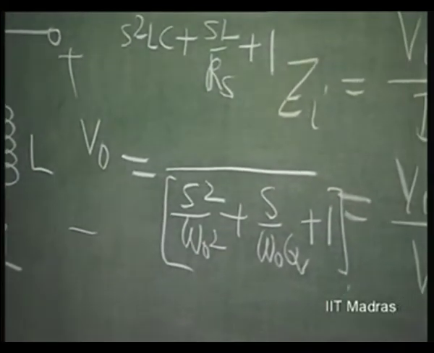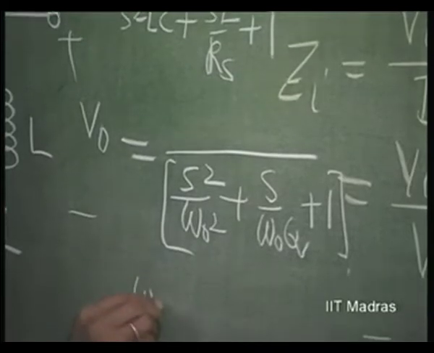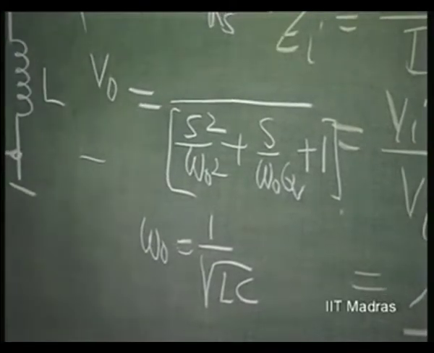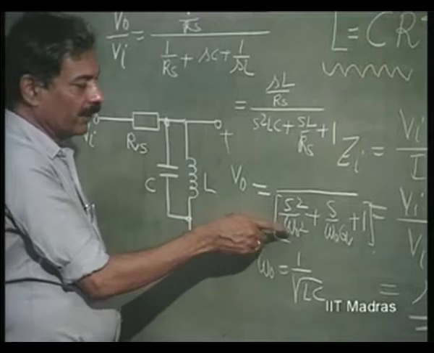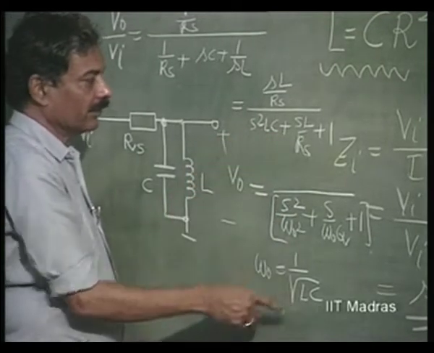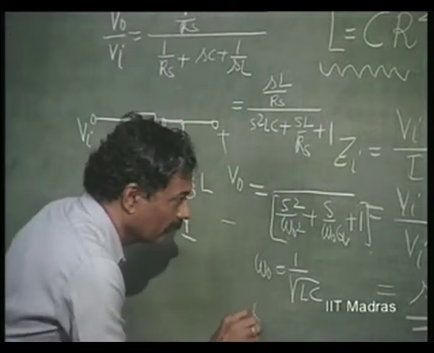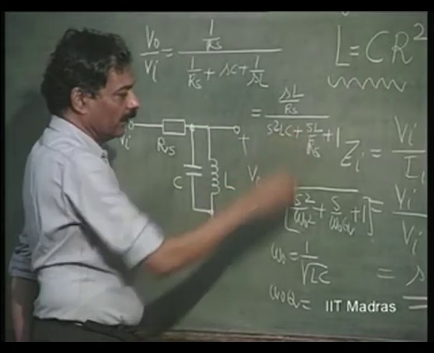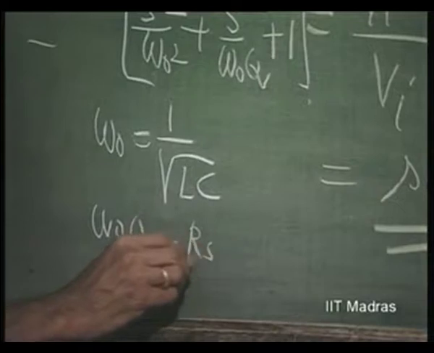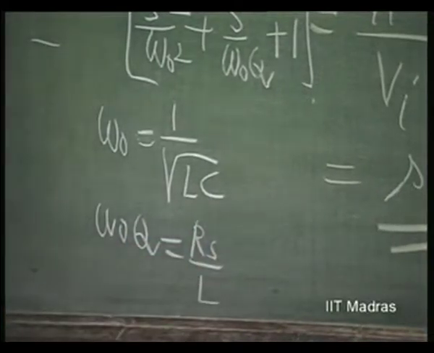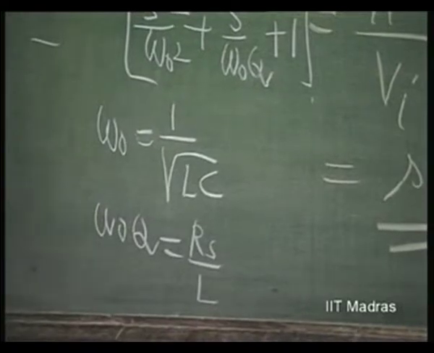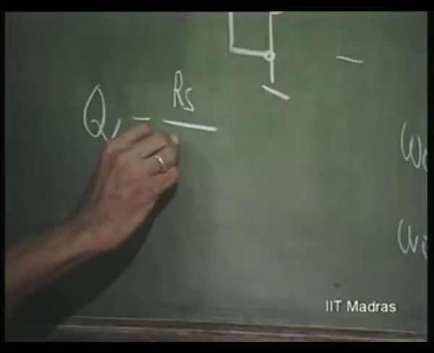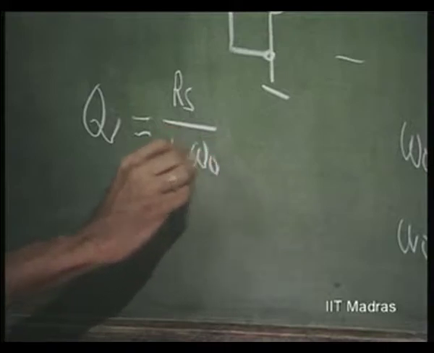Okay. So, omega naught is equal to 1 over root Lc, and by comparison you can see 1 over omega naught squared is equal to Lc, omega naught is equal to 1 over root Lc, and we have omega naught Q is nothing but Rs divided by L. So, you can write down Q, the quality factor, as Rs divided by L into omega naught.